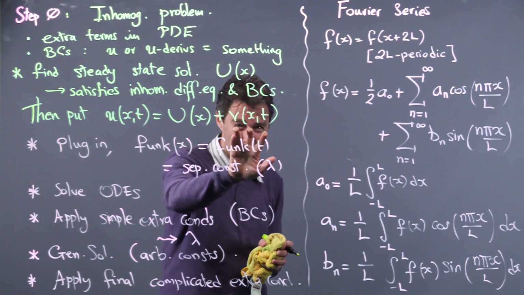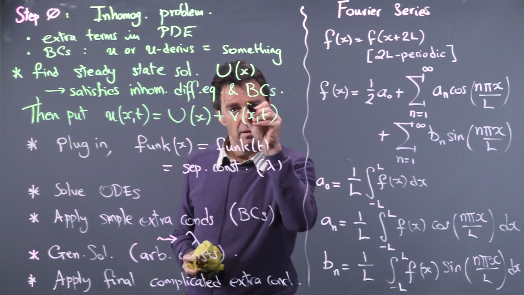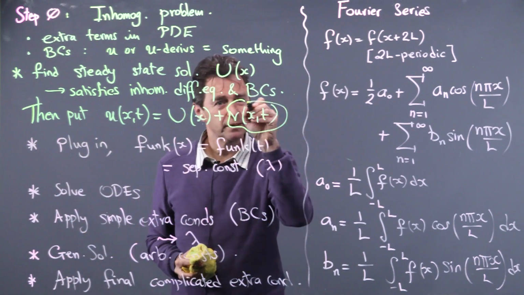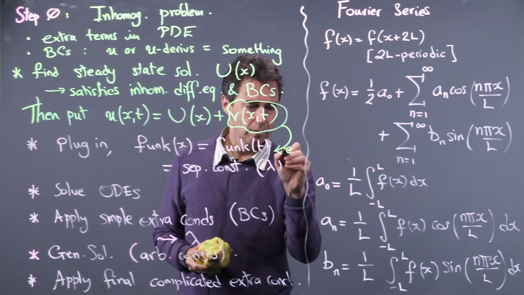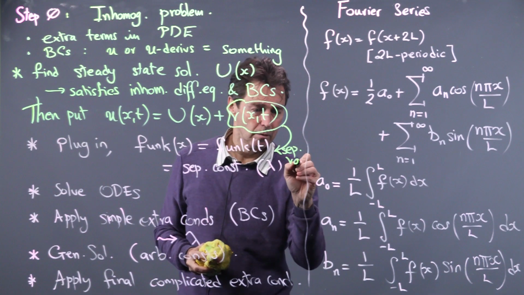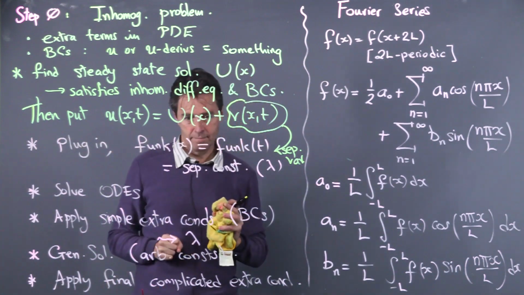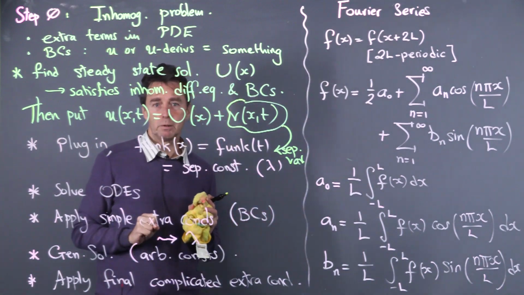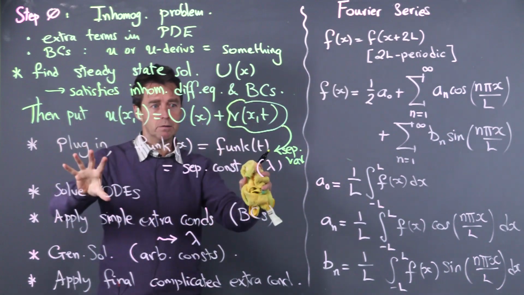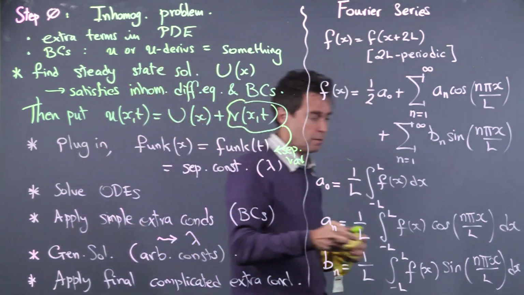And because of that, I can apply all of this strategy to v. So at this point, I separate variables here. And I follow this strategy, not for u, but for v. And that's the way it works when you have an inhomogeneous problem. So that's the background. Let's now look at the specific problem.